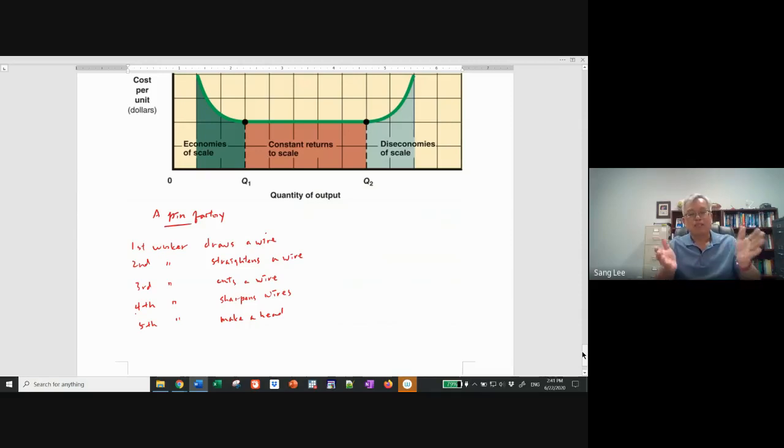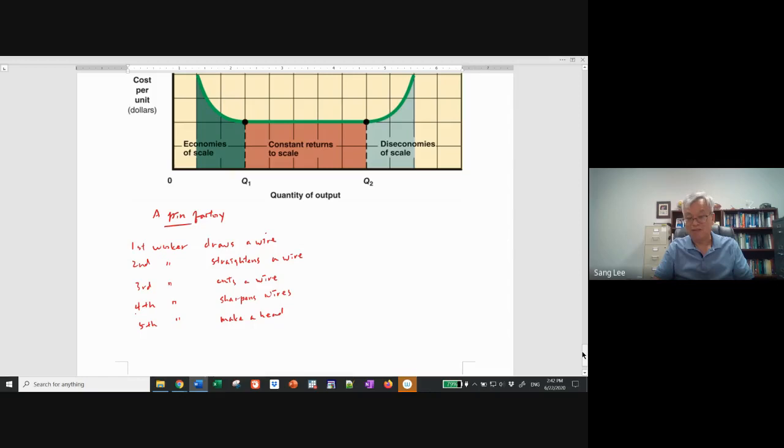But if we assume these 5 different production processes are completed by one worker, the same worker, then that worker has to draw wire, straighten wire, cut wire, sharpen wire, and make a head. Probably it'll take a lot more time.